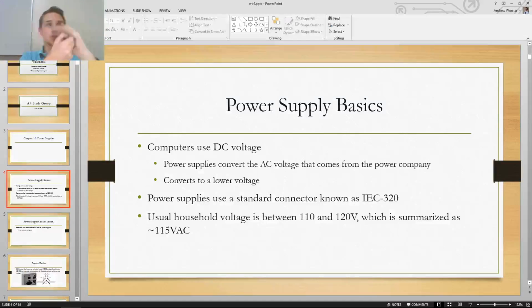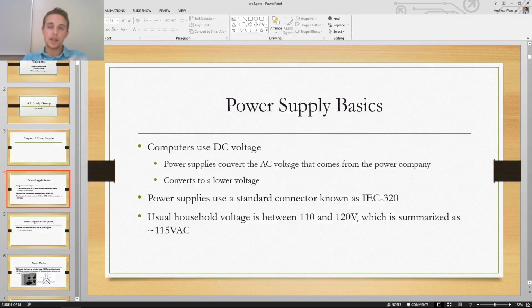Alternating current is what comes out of your wall in your house or at school, wherever you plug it in. And the power supply in desktops automatically converts that, but in laptops, the actual brick that is between your laptop and the wall is what converts it.